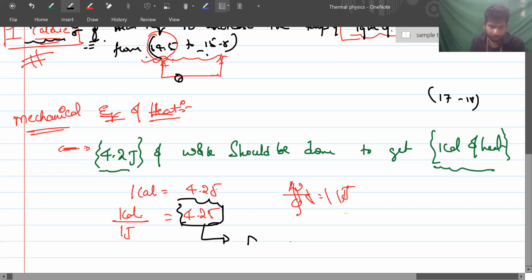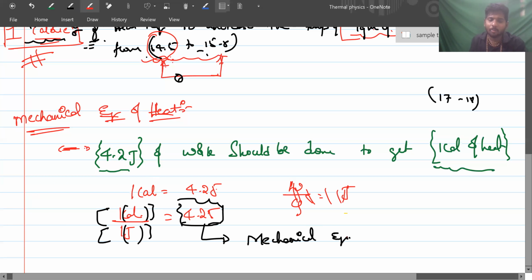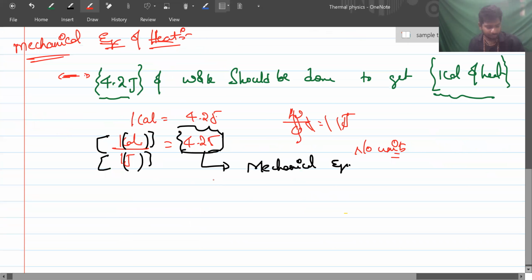It does not have any units, because 1 calorie is energy and 1 joule is also energy, so energy by energy is dimensionless. One HC Verma question is asked based on this: what are the units of mechanical equivalent of heat? No units. It is the ratio of two energies.